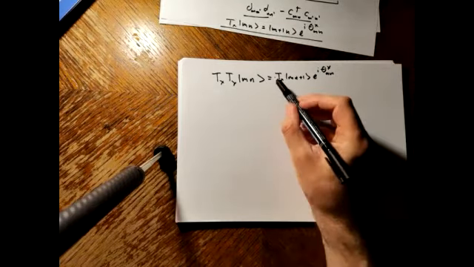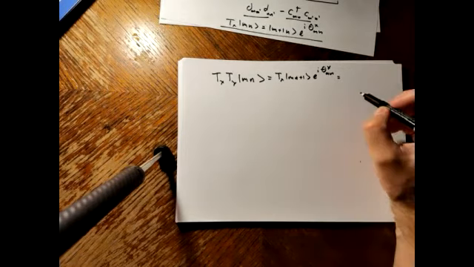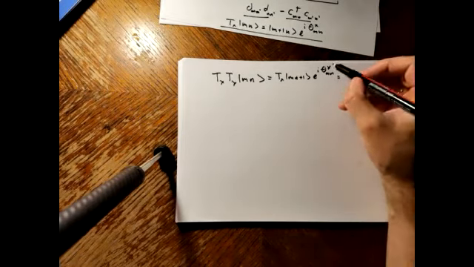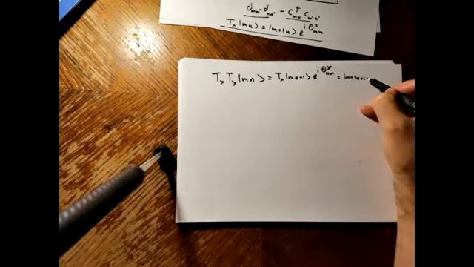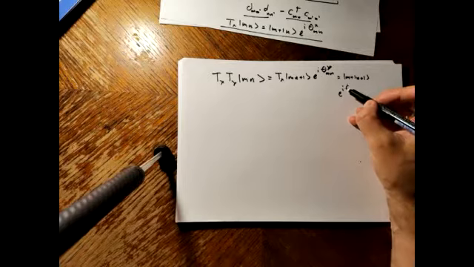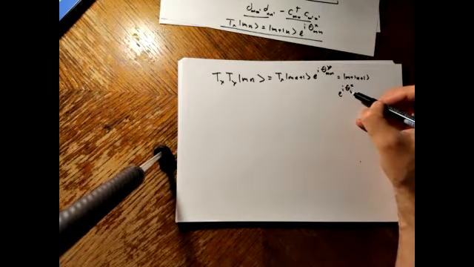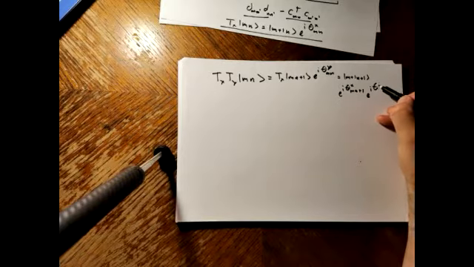Then Tx hits this. It's going to shift m to m plus 1, and we're going to get m plus 1 n plus 1, multiplied by e to the i theta x m n plus 1 e to the i theta y mn.